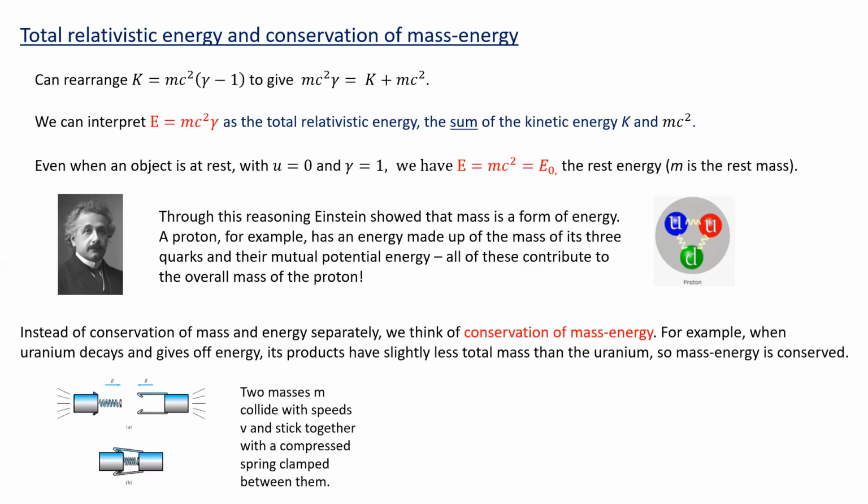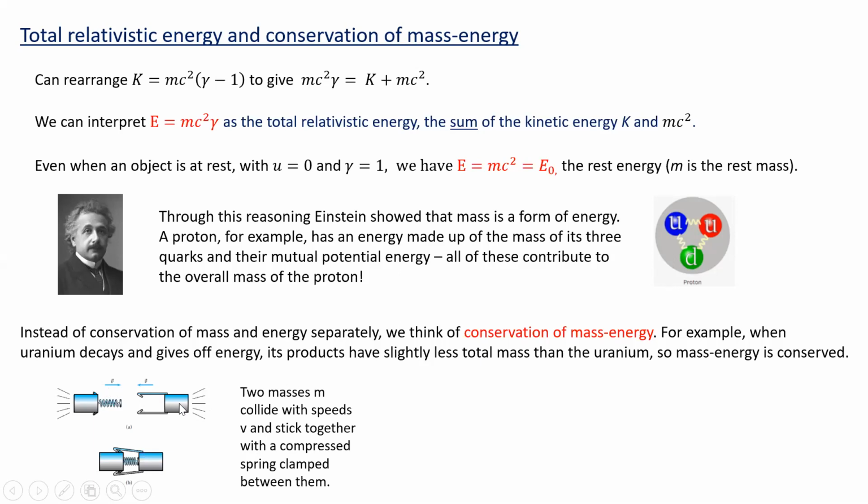Another interesting example is if we have two masses m. These two objects are moving at each other with speed v, one to the right and one to the left. Let's get that straight. And they stick together with a compressed spring clamped between them.